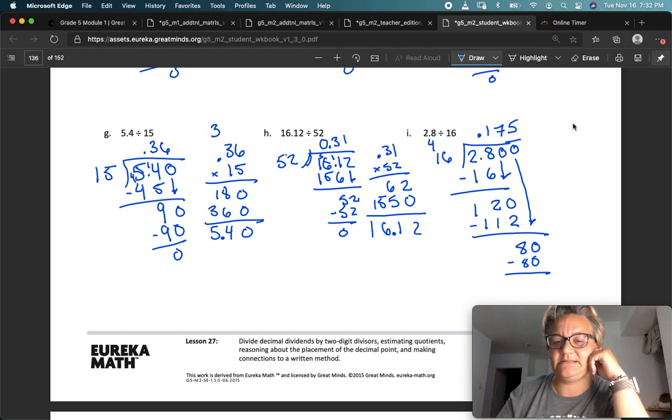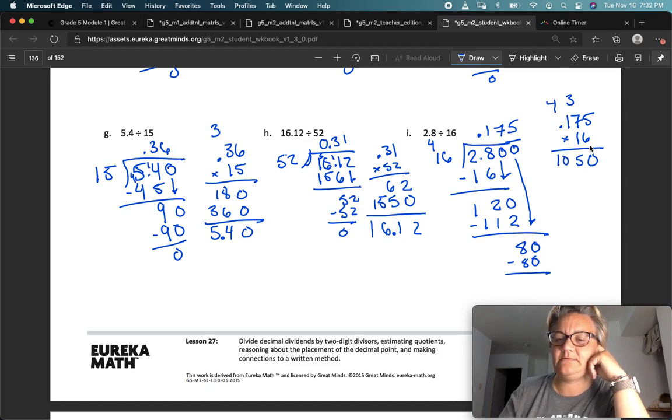And I've got 175 thousandths times 16. Check my work. 6 times 5 is 30, carry the 3. 6 times 7 is 42, plus 3 is 45, carry the 4. 6 times 1 is 6, plus 4 is 10.